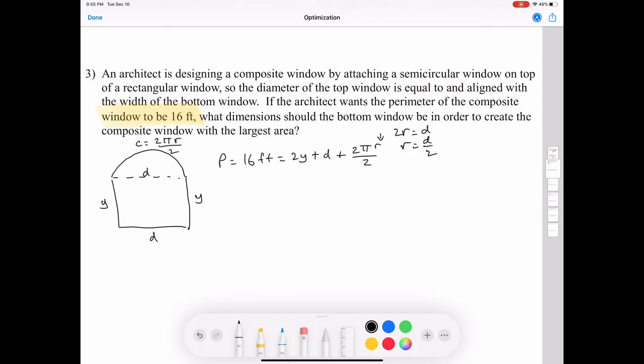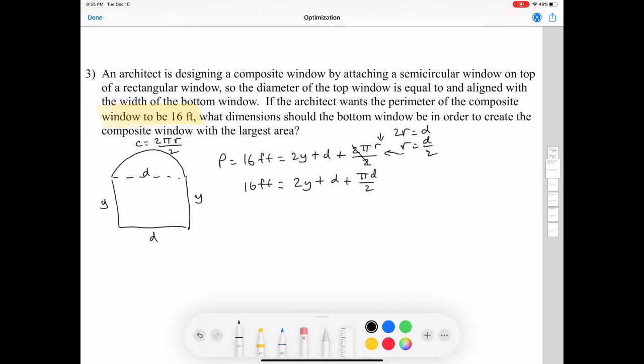We can plug that in, and we'll have 16 feet is equal to 2y plus d. Those go away, so plus pi d over 2. That's a pretty big equation.